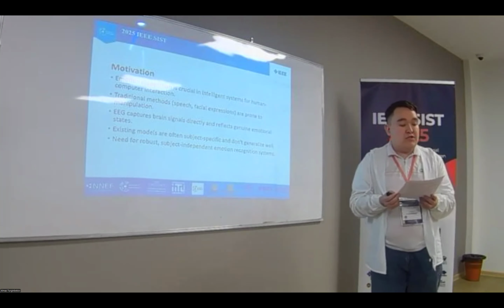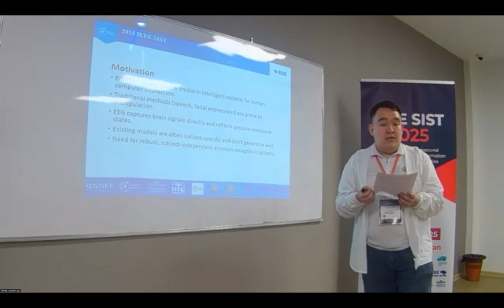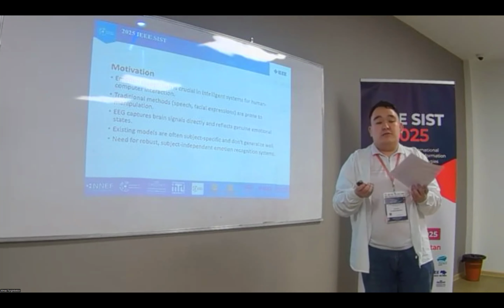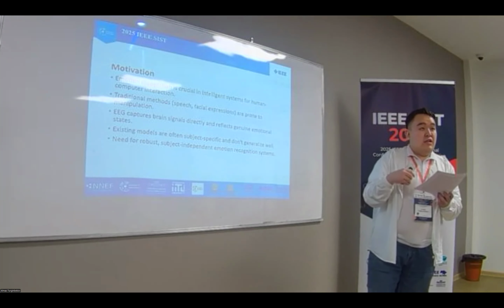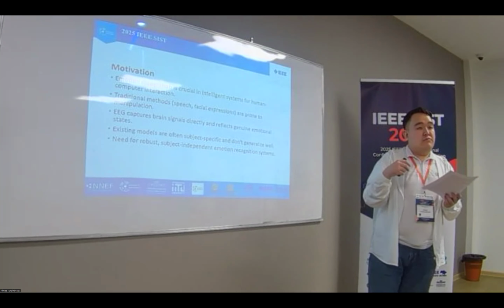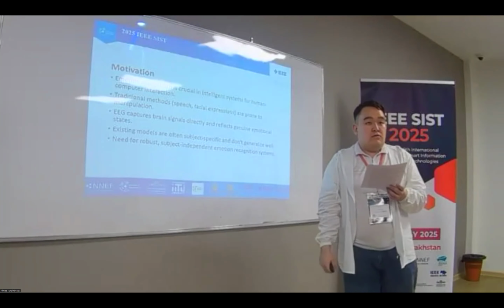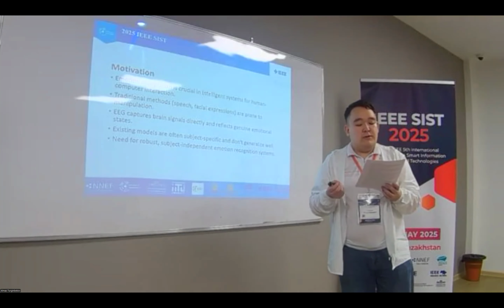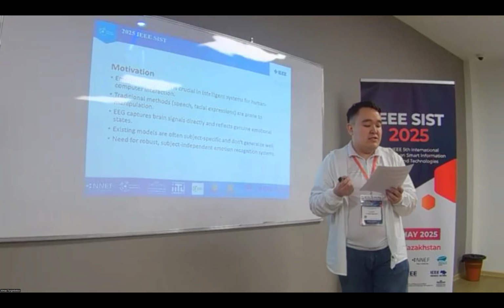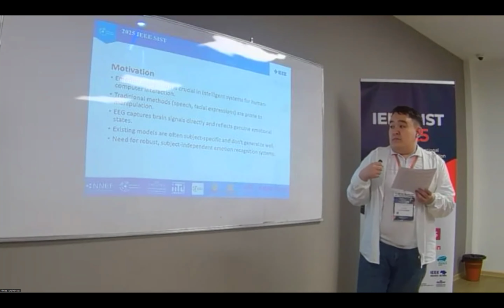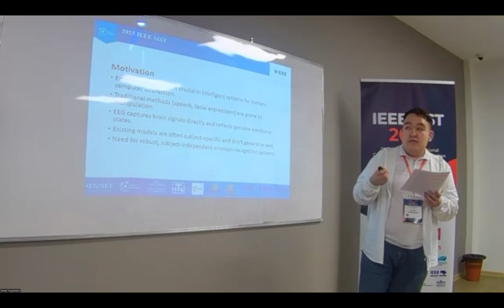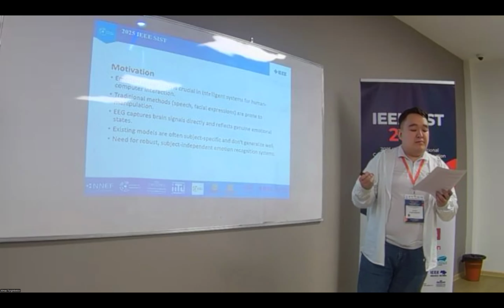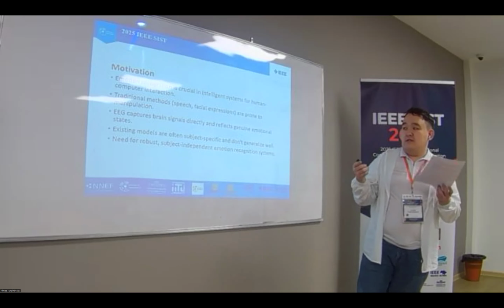Emotion recognition helps machines understand how we feel, but traditional methods like speech or facial recognition can be faked and are a little bit lacking in accuracy. So EEG is more reliable because it records the real brain signal. But the main problem is that these models cannot be used for different people. So we want to change this.